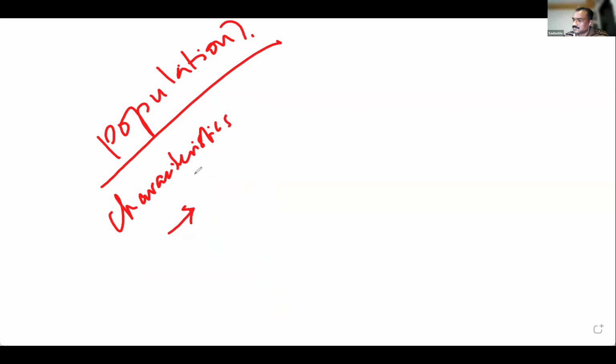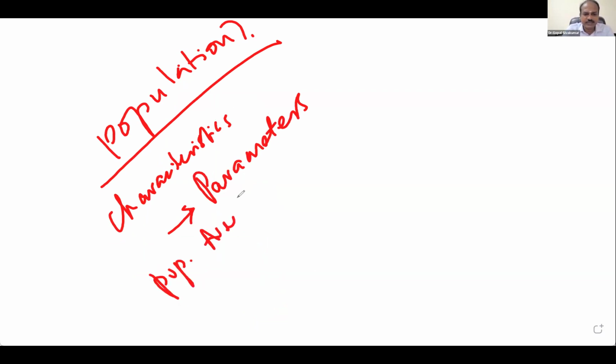The population characteristics are known as parameters. You know what are parameters? The population average, which is mu, and then the population standard deviation, which is sigma.